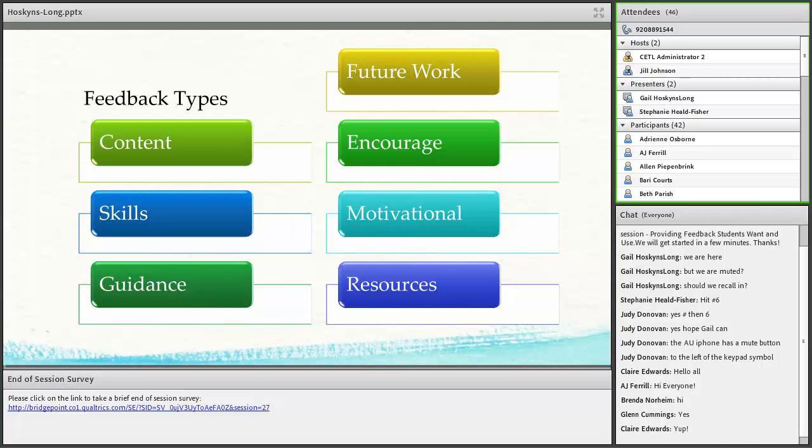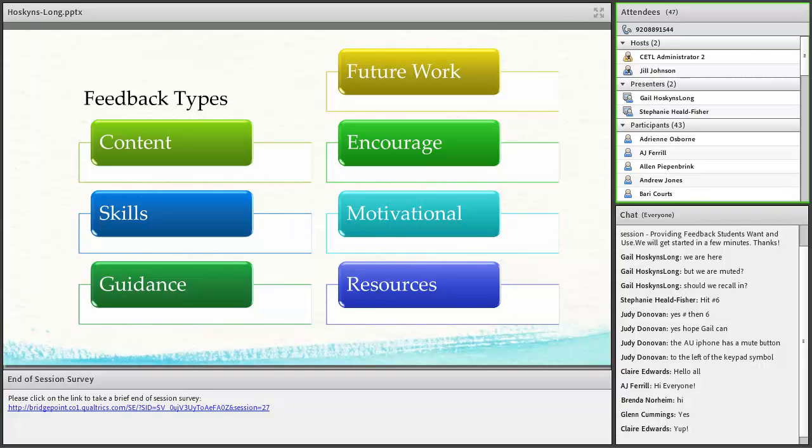Content being comments on the actual concepts and content in the work. Skills could be things like APA skills, writing skills, and formatting skills. Students look for guidance, like where they did well or where they kind of went off track.